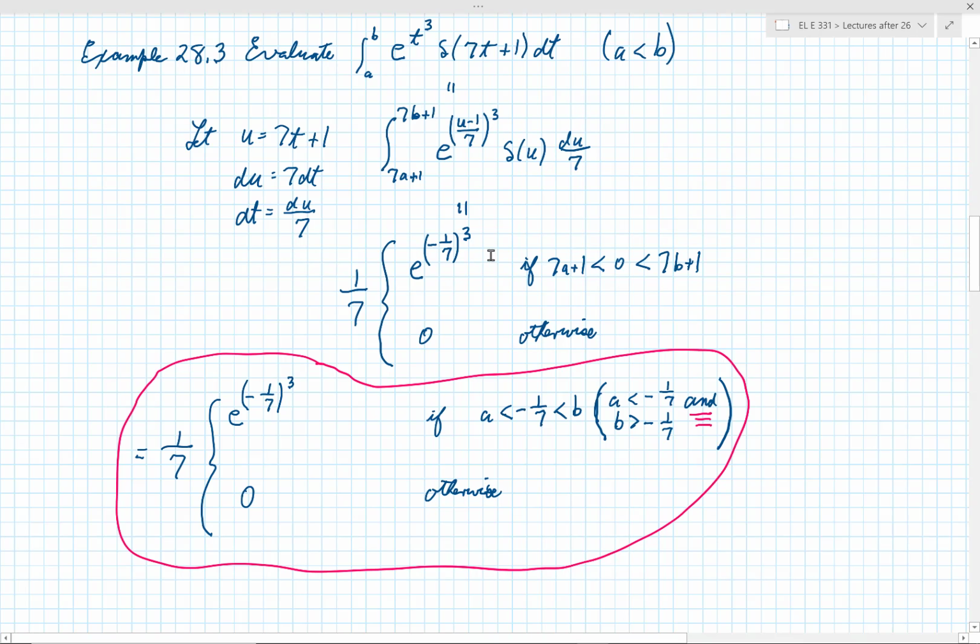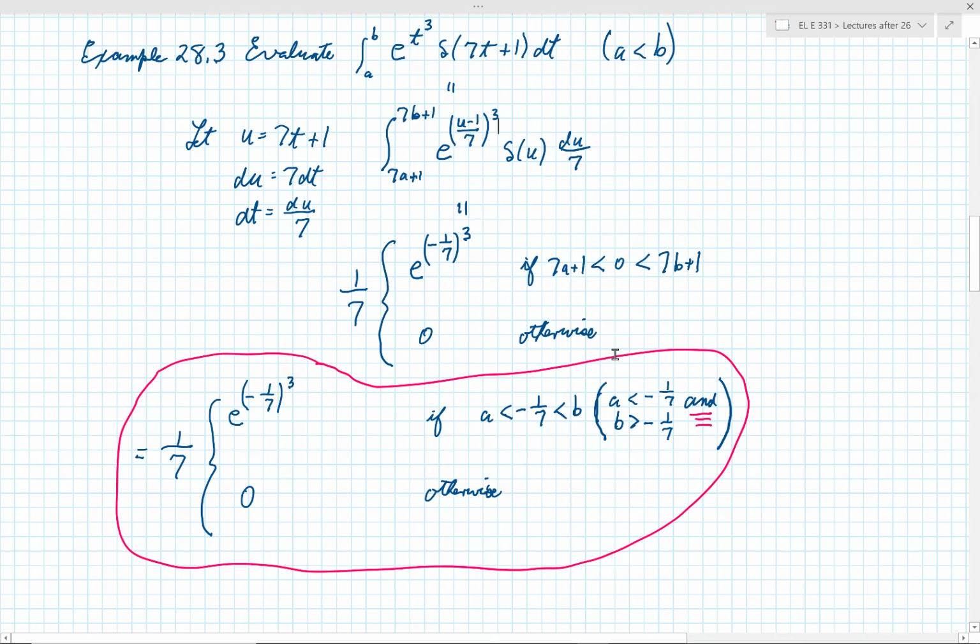That's the value of the integral as long as 7a plus 1 is less than 0 and 7b plus 1 is greater than 0, because the point where the argument of the delta function goes to 0 must be between these two limits. Otherwise, the value of the integral is 0.